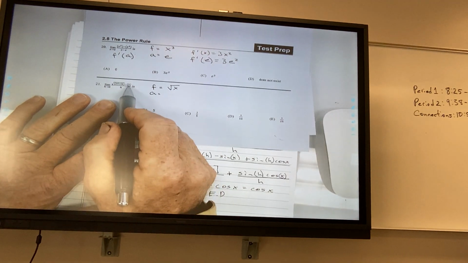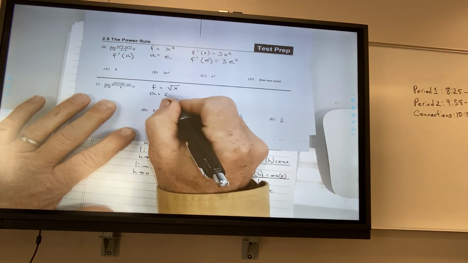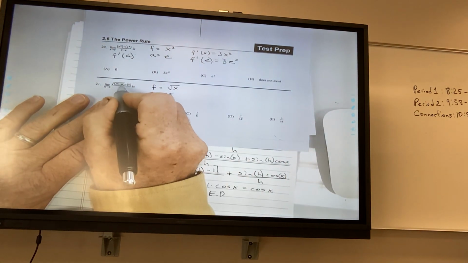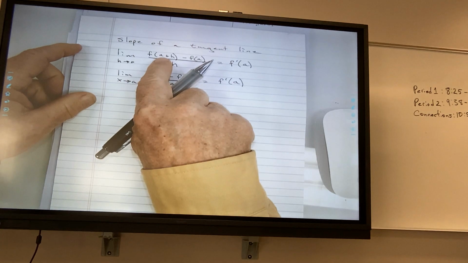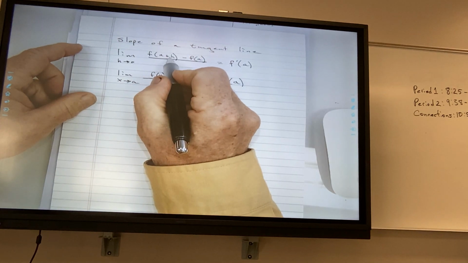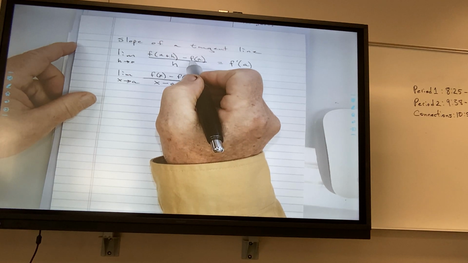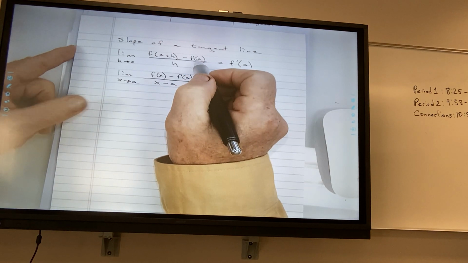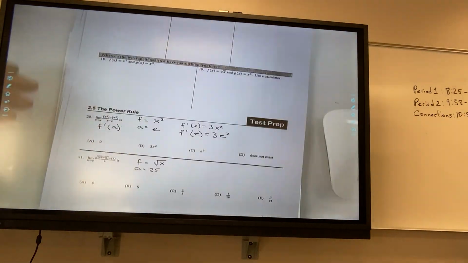Remember, this will be the square root of A, correct? 25. 25. Notice that it says A plus H, 25 plus H. Where did the 5 come from? The square root of 25 is 5, isn't it? Everybody okay on that?